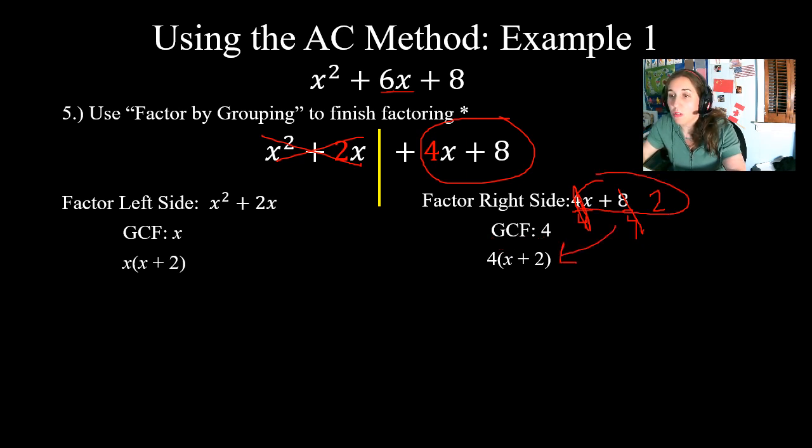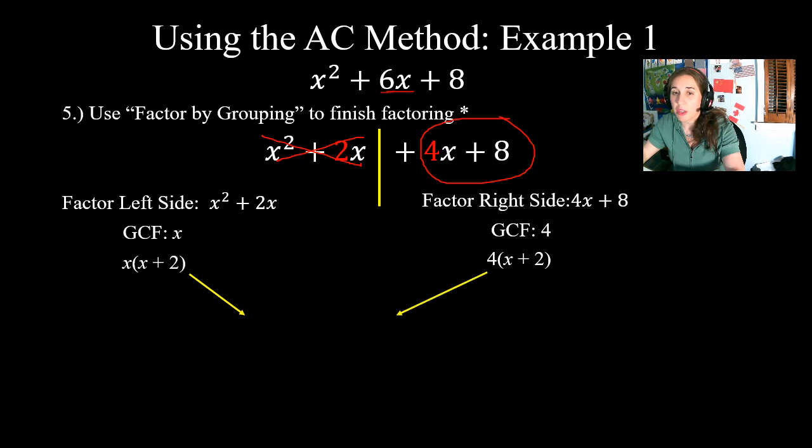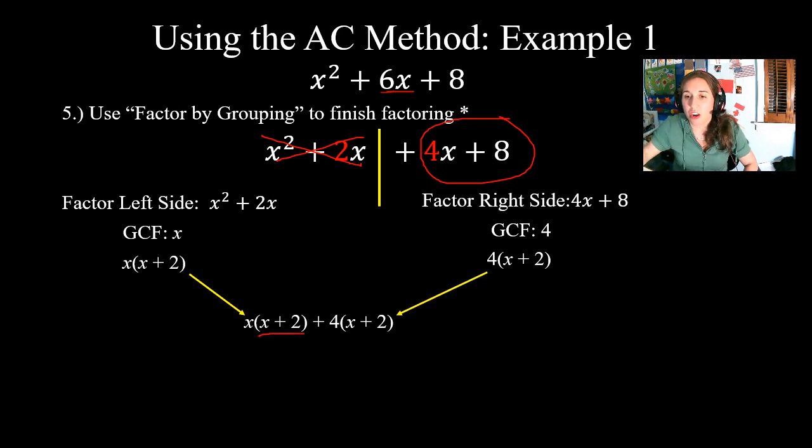Okay, so now that we've factored both sides, we can finish off our factor by grouping. That gives us this new almost completed factorization. We have x times x plus 2 plus 4 times x plus 2. We can look at that and say, oh my goodness, now is there a GCF that we can pull out of this? Well, there sure is, because both of those terms share x plus 2.